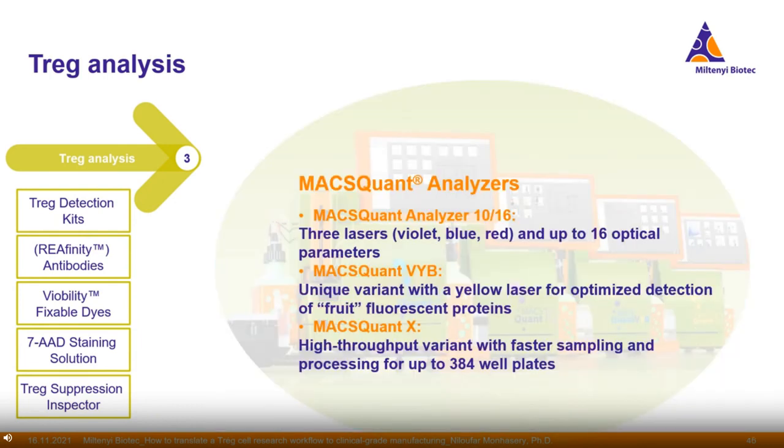To analyze your cells properly, you need to use a good flow cytometry device. We offer you the MACSQuant analyzer family with different specifications and models. I don't want to talk about all of them in detail, just to inform you that we are offering a big family of MACSQuant analyzers.